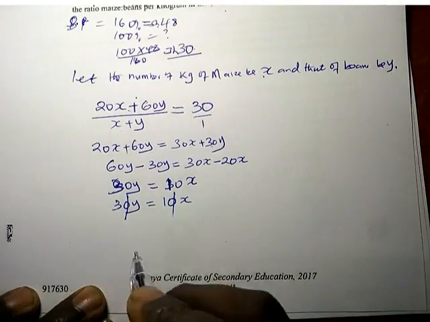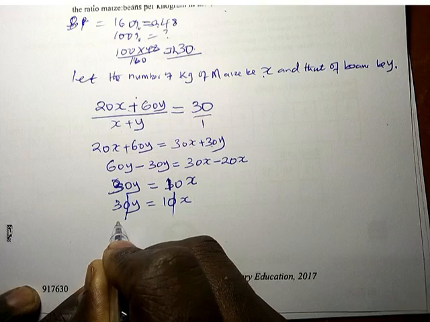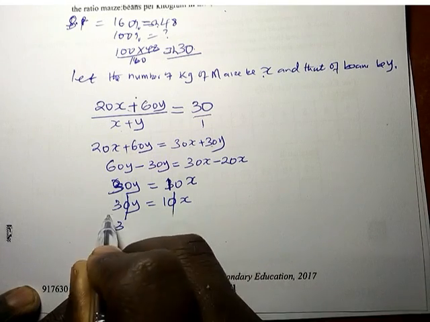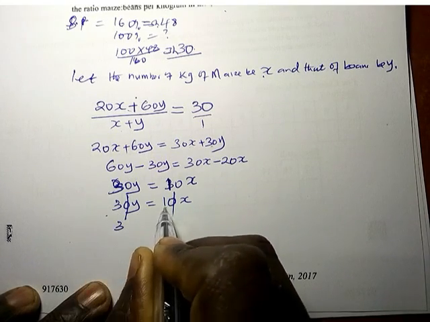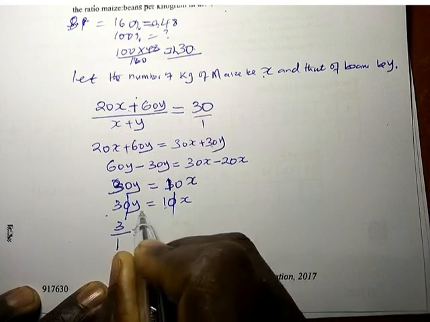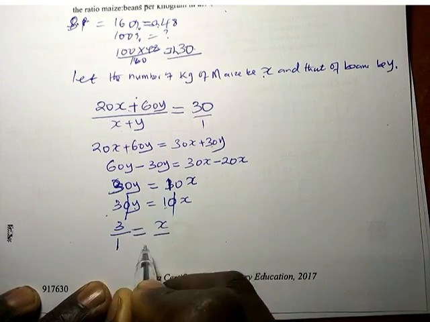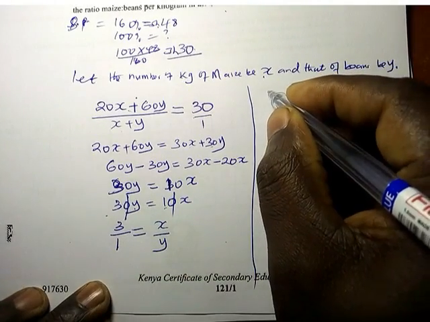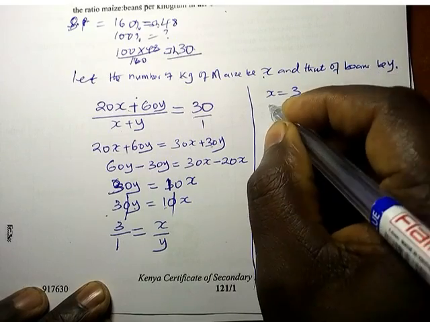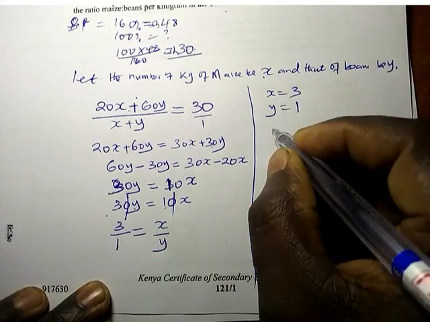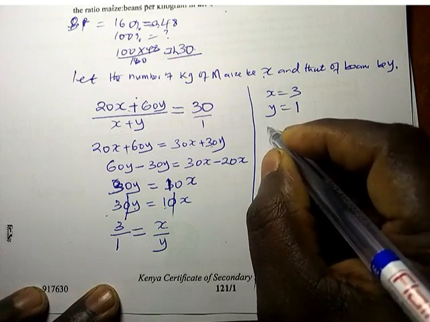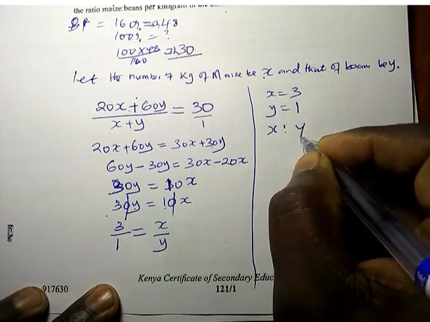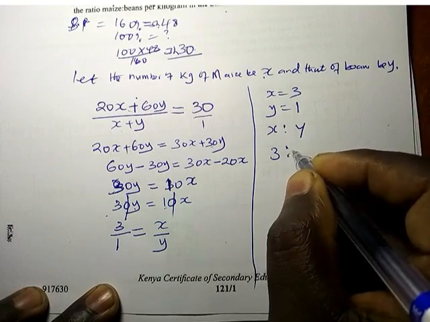This one goes with that, so we will have 3 over 1 is equal to x over y. So the value of x will be 3, y equal to 1. So the ratio, remember we started with x to y, is equal to 3 to 1.